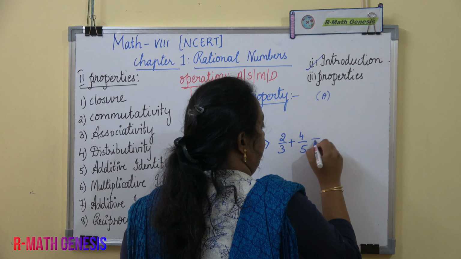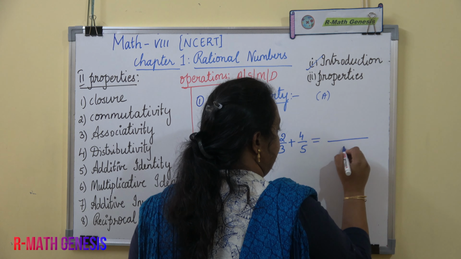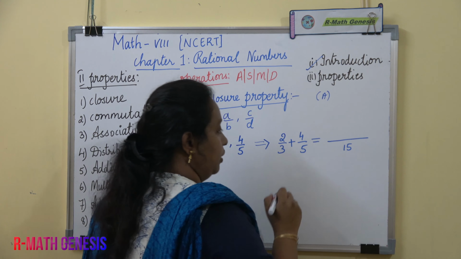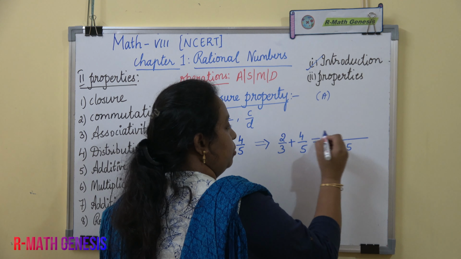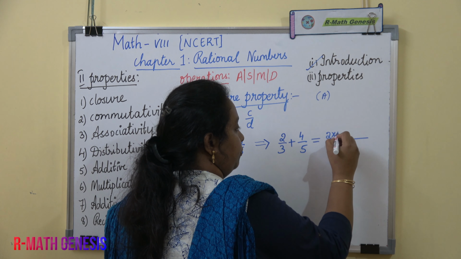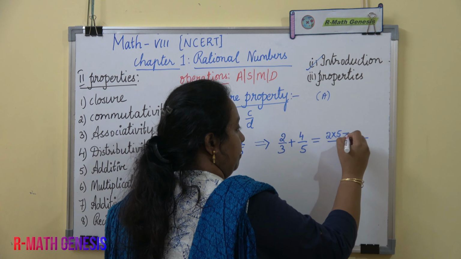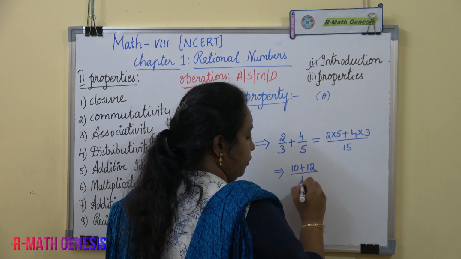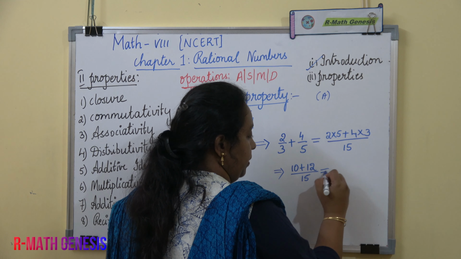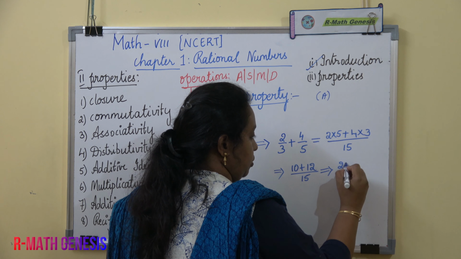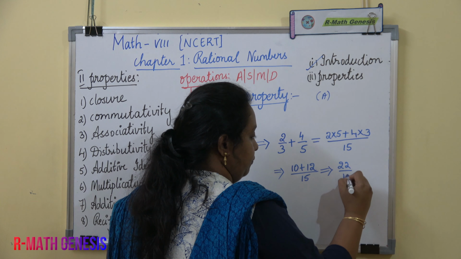Now if you take the LCM, 15, since 3 fives are 15, we get 2 into 5 plus 4 into 3, which is 10 plus 12 by 15, which is 22 by 15.